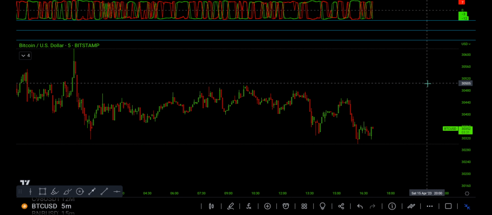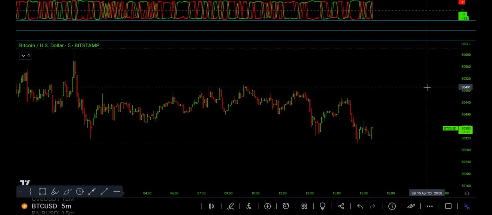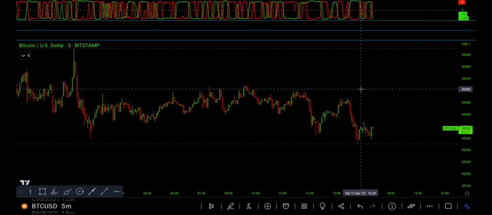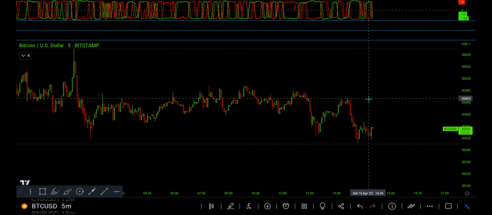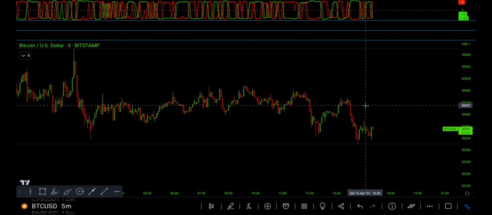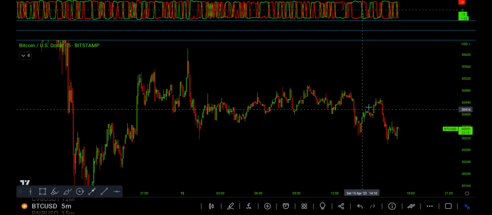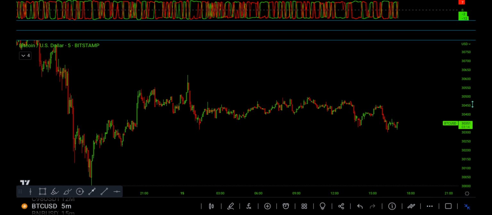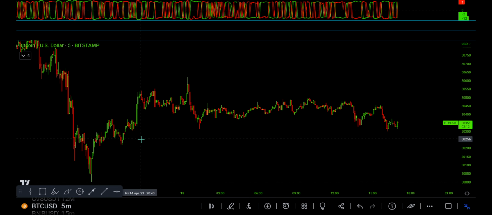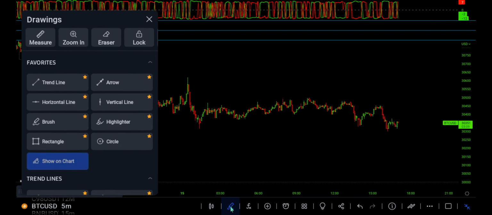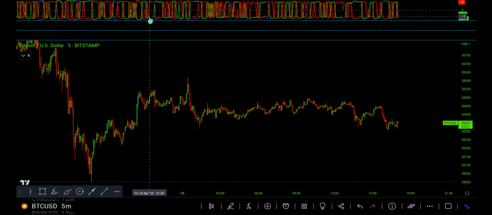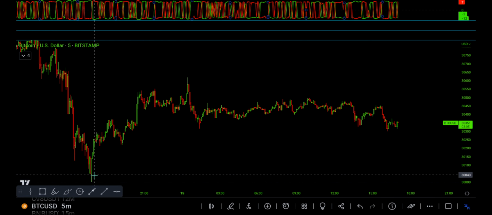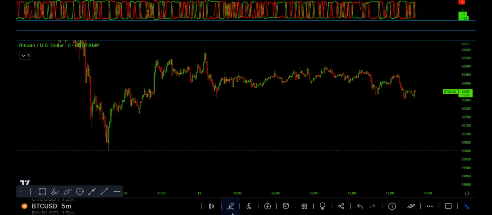I don't know. My lines don't want to pop up yet for some reason. So we have the green wave. I'm gonna have to say, just because the chart is kind of doing something like this overall on the 5-minute, and you can see that on the higher time frames.